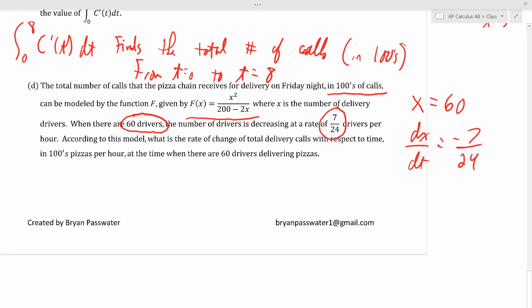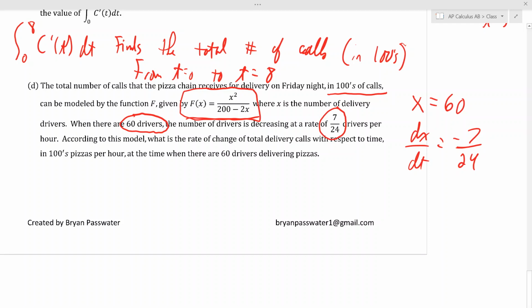If it says it's decreasing at this per hour, but the units in your function aren't hours, then this has to have a derivative. It has to have a chain rule. It's got to be a rate of rates kind of thing, okay? And usually you see that with volume and area. We've done a lot of related rate questions with that, but it could be anything that's changing per hour or per minute or per second. Okay, it just means that it has some rate of change, and that's its derivative.